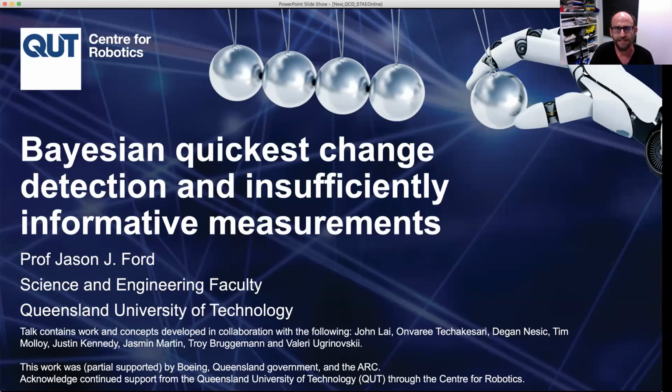The stuff I'm going to be talking about today covers about 10 years' worth of work, so I want to acknowledge a lot of people involved in working with me, and I'm going to be talking about stuff that isn't only my work. I'm not sure if Valerie's in the call, but Valerie Ognoski I wanted to acknowledge because more than a decade ago we wrote some papers on what happens when there are errors in the model being used in a filter. In some sense this is a continuation of that journey. And also Dragan Nesic.